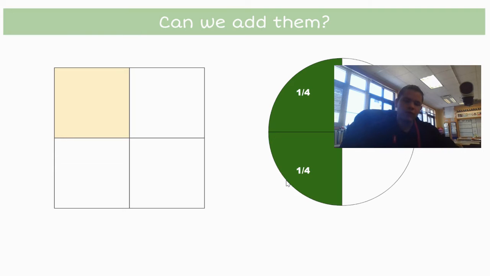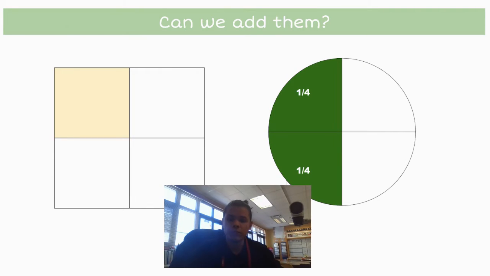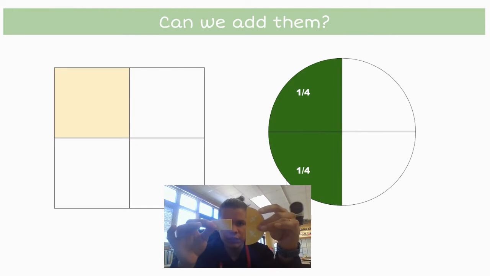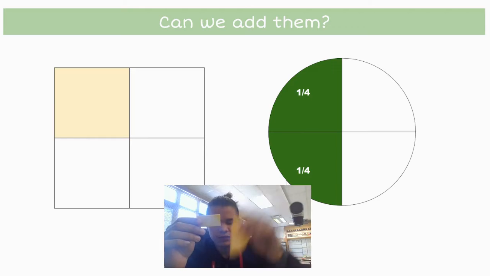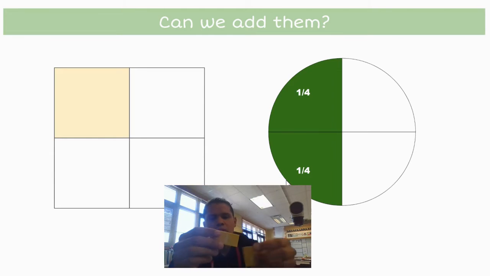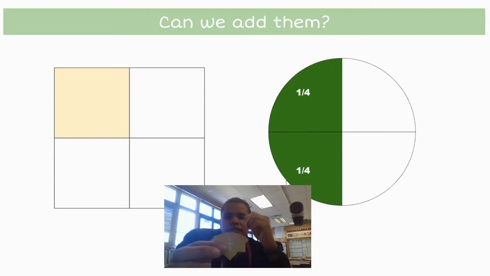Okay, now, before I show you a couple of examples in your math workbook, let's take a look at 1/4 represented here and some fourths represented with the semicircle. Okay, so can we add this fourth and these other 2/4? What do you think? Well, let's take a look at them. They would have to be the same.